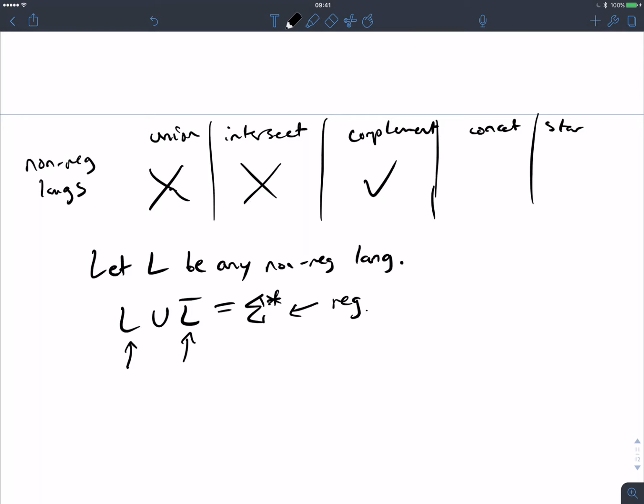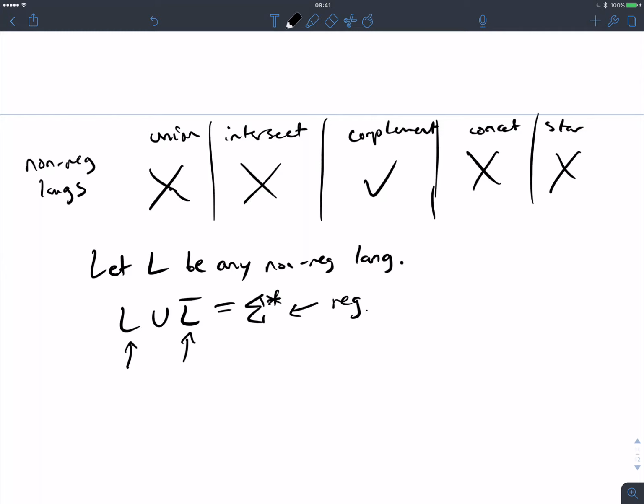So these last two, I actually don't have any examples offhand, but I believe that they're both closed under concat and star. No, they're not closed. Sorry. But the examples are not that easy.